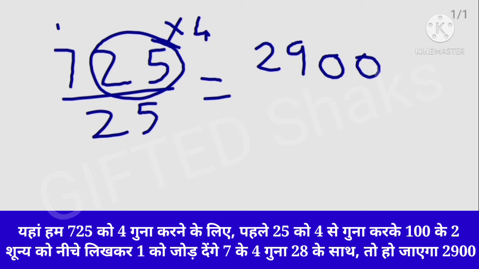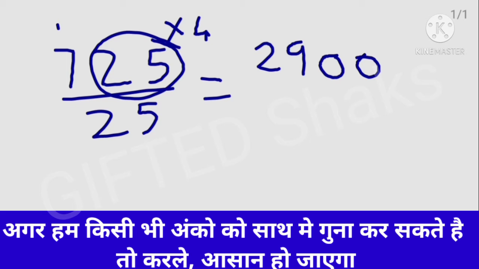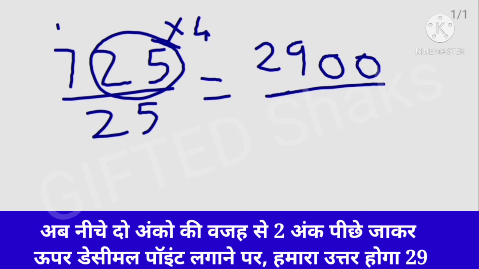This makes my multiplication simpler. If you have numbers in 2 digits or 3 digits that you can multiply in one go, you can join them; you don't do it single digit by digit. Now after this 2900, I have to put 2 decimals. So I go back 1 and 2, and I put my decimal here.